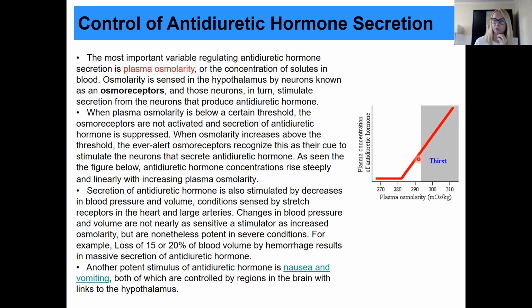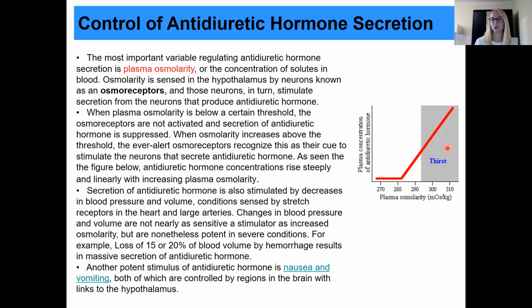So if plasma osmolarity increases, then the plasma concentration of antidiuretic hormone increases as well. And when plasma osmolarity is below a certain threshold, the osmoreceptors are not activated and secretion of antidiuretic hormone is suppressed.